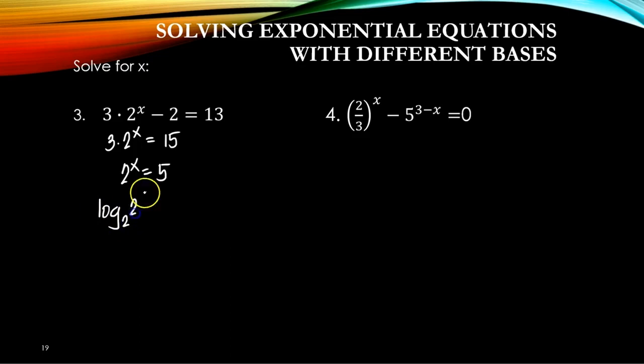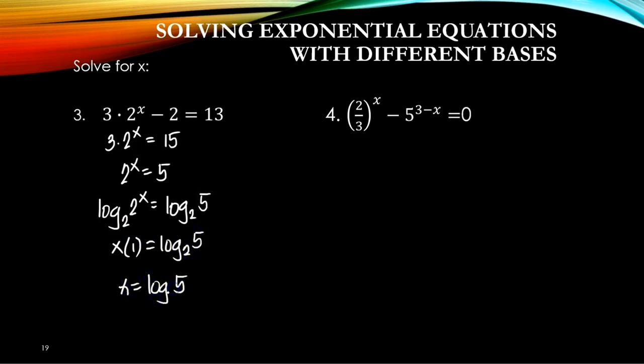Logarithm base 2 of 2 to x is logarithm base 2 of 5. So here, x times 1 is equal to logarithm of 5 base 2. Or from this step, you can actually just transform it from exponential to logarithmic. It would give you the same answer.